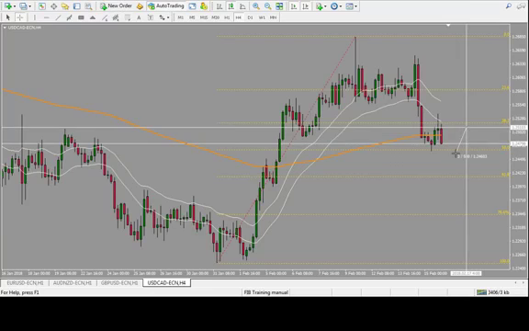Technically, the invalidation level would be down here. So this is where you would put your stop loss. What I mean by technical invalidation level is if price were to go all the way down here and touch and go beyond those bottoms, then you know for sure that your analysis isn't correct.